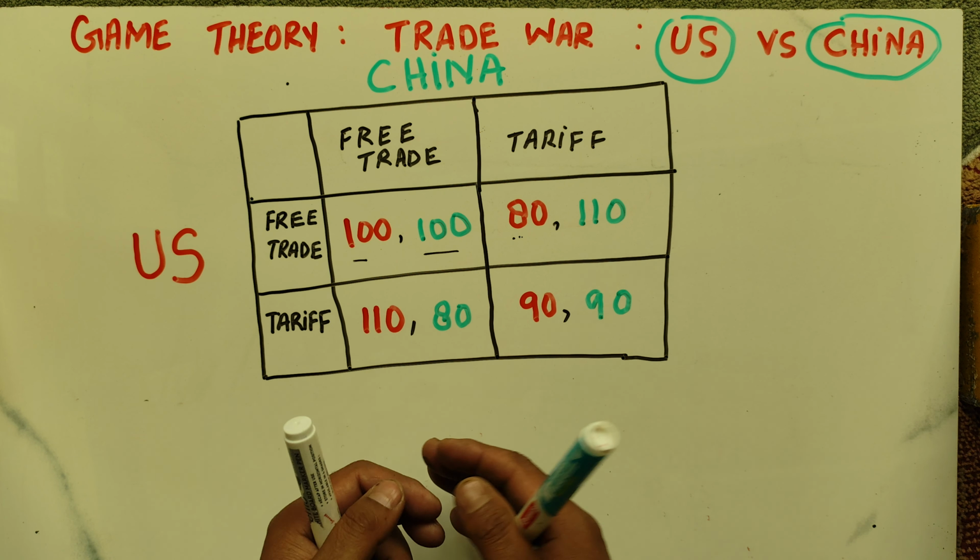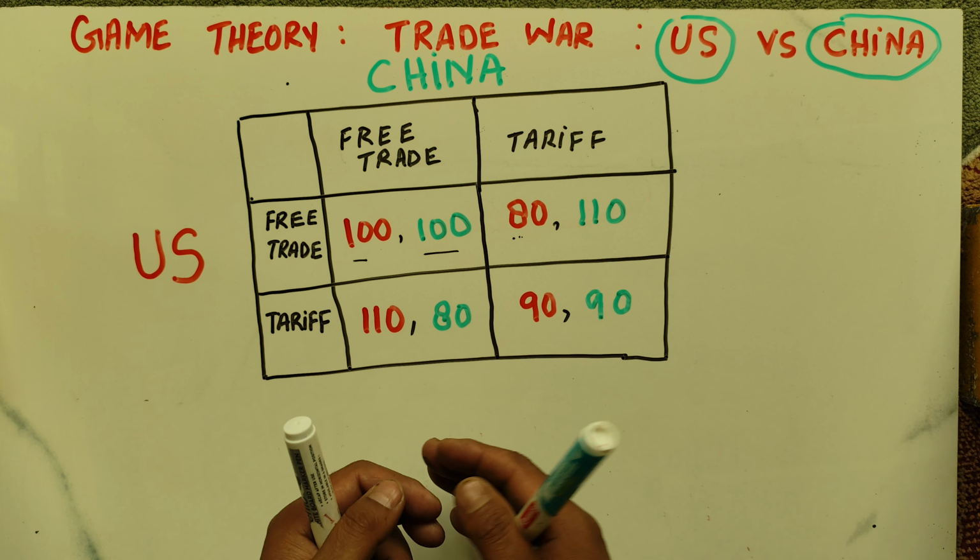Now let's come to the second cell, where we have 80 and 110. In this case, US opts for free trade, China opts for tariff. So how do we explain this? You can see both get a payoff of 100 and 100 when both choose free trade.